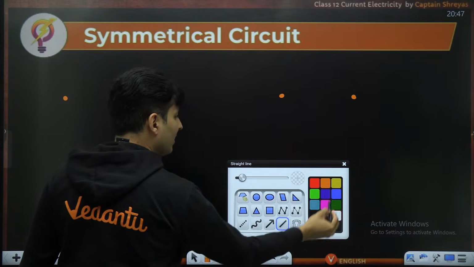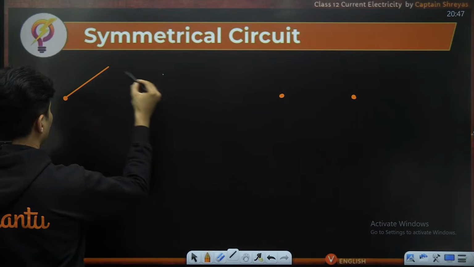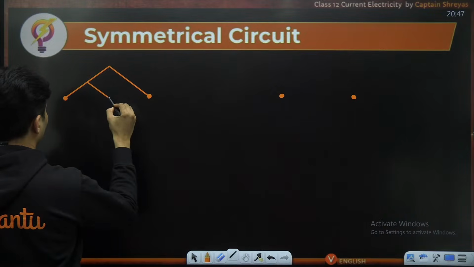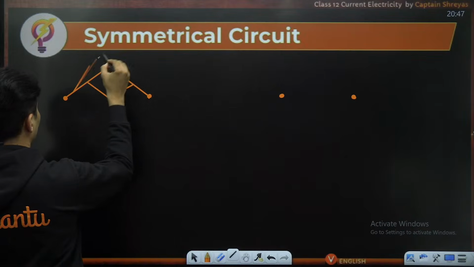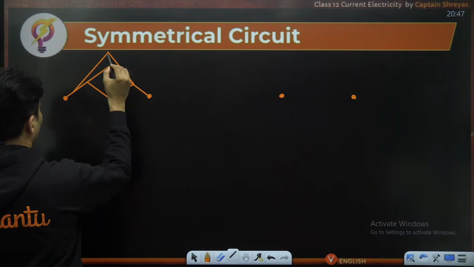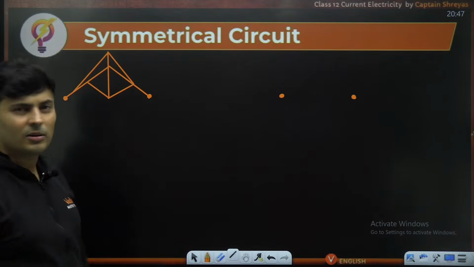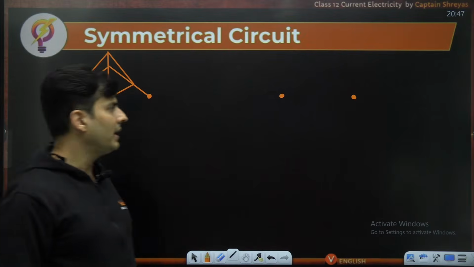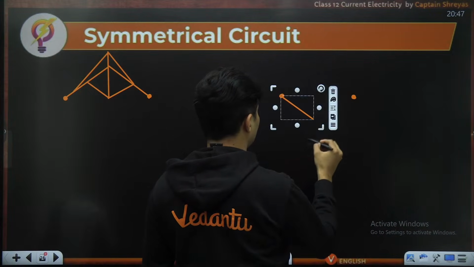Some kind of symmetry could be there. Maybe this is what it is. Whatever is there on the left is there on the right. Here also, some kind of symmetry.